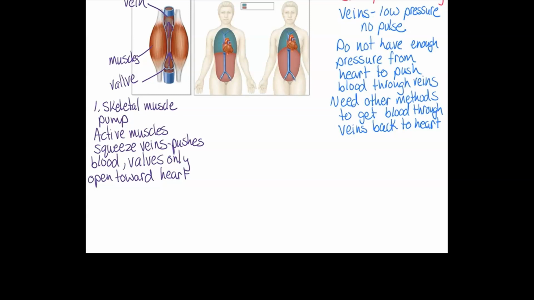The other method that we have is the respiratory pump. This is from your breathing. Here is the diaphragm. You can see it in both pictures.